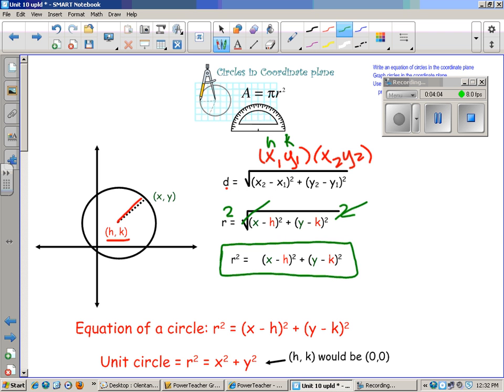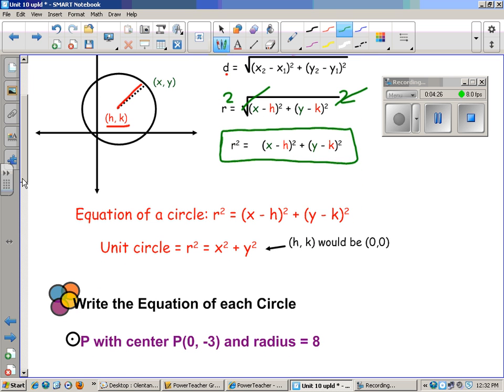Because I know where the center is, I know what the radius is, and that's really all you need to know about a circle, because the definition is all the points equidistant from the center, and the distance from the center is the radius. So I need to know the center, I need to know what the radius is.